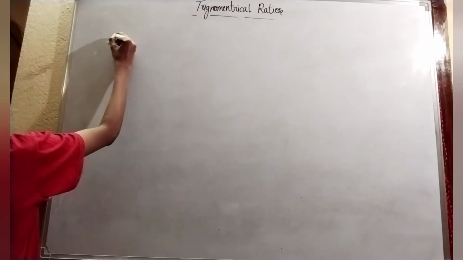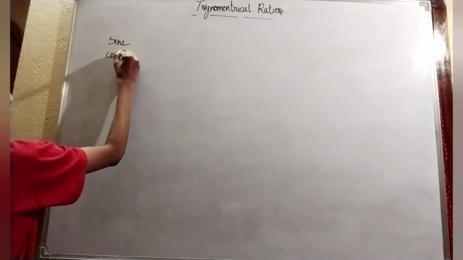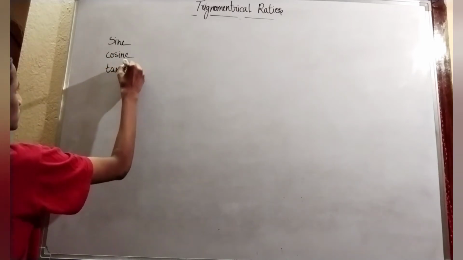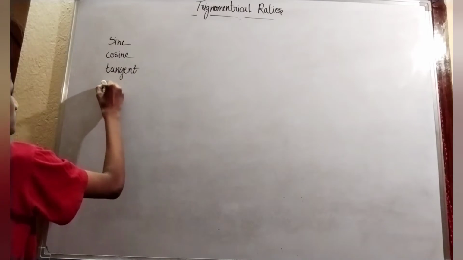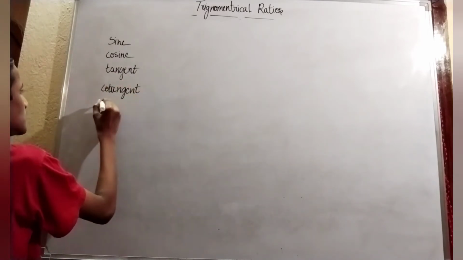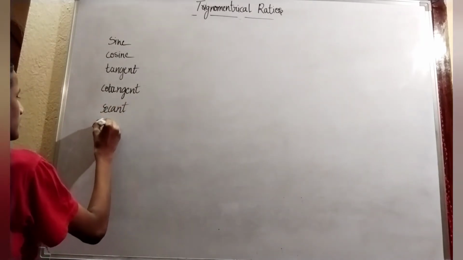Hello friends, I will explain the topic trigonometrical ratios. Three sides of a right angle triangle give six trigonometrical ratios. That is sine, cosine, tangent, cotangent, secant and cosecant.